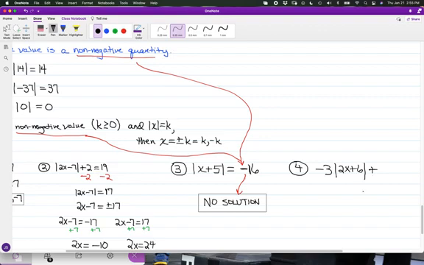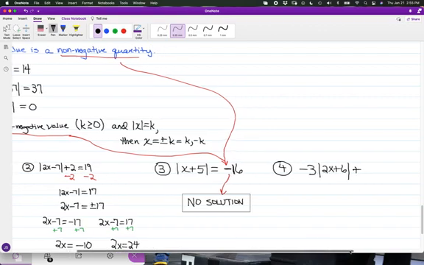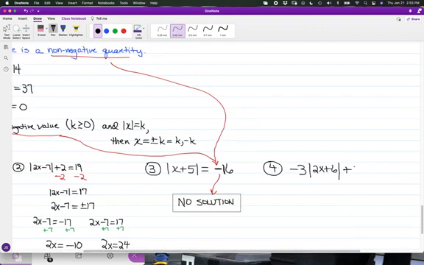Say we have negative 3 times the absolute value of 2x plus 6, plus 6 is equal to negative 24. So this is the first case where we have explicitly a coefficient in front of the absolute value notation.